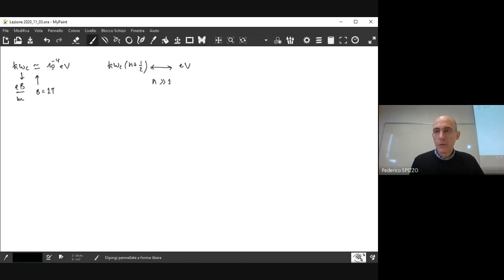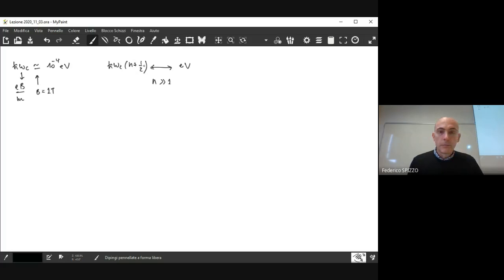So n is of the order of 10 to the 4 in this case. So the value of the quantum number you use here to obtain energies of the order of some eVs is at least of the order of 10 to the 4. So you do not have small values of the quantum number, but in general you expect very large values of the quantum number.